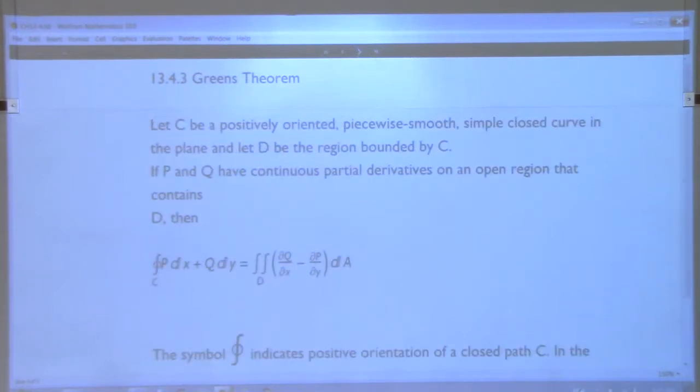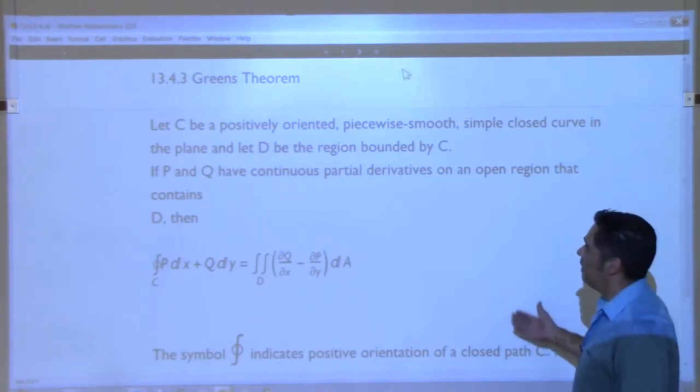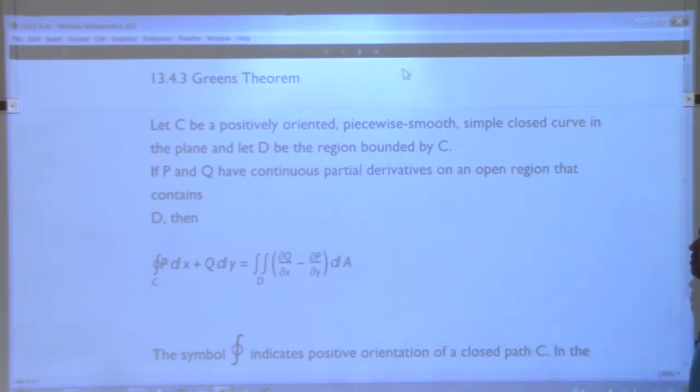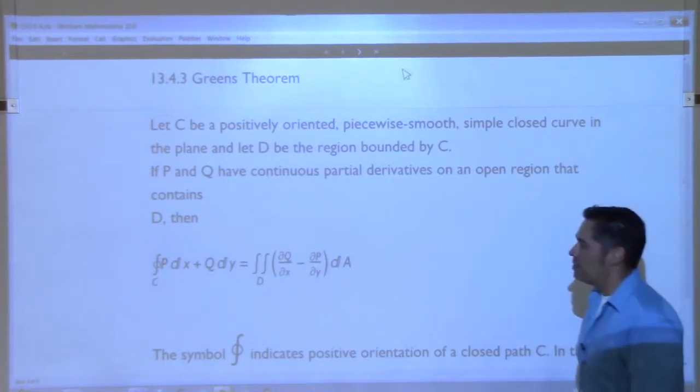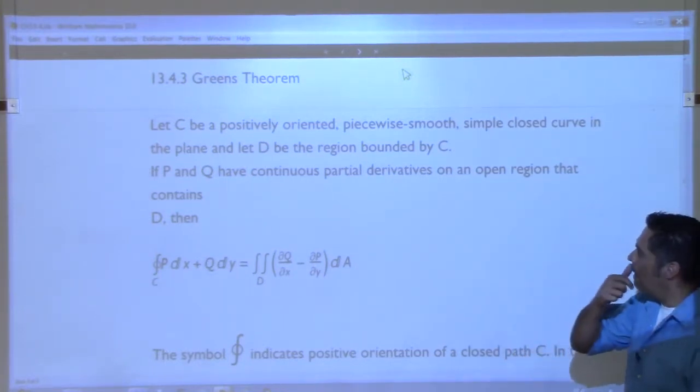So here's the theorem. Let C be a positively oriented, piecewise smooth, simple closed curve in the plane, and let D be the region bounded by C. So the picture we just saw.